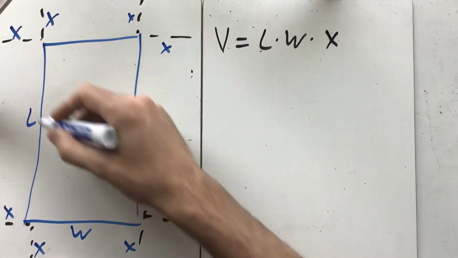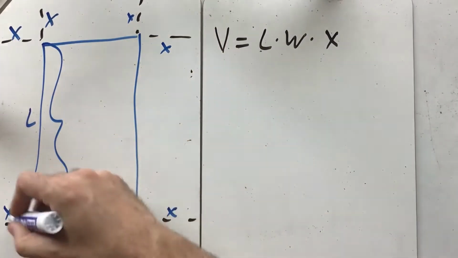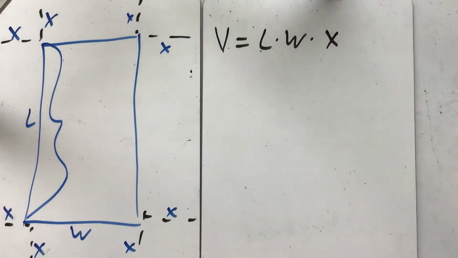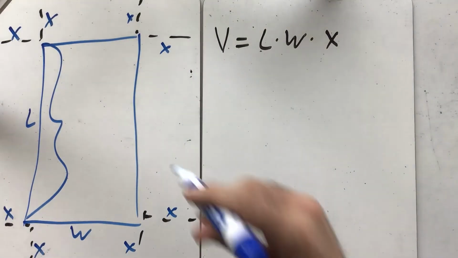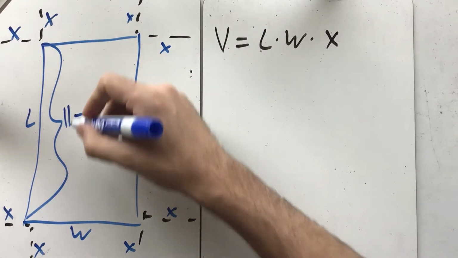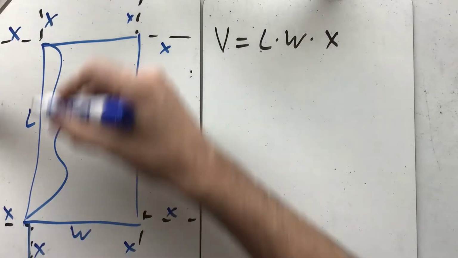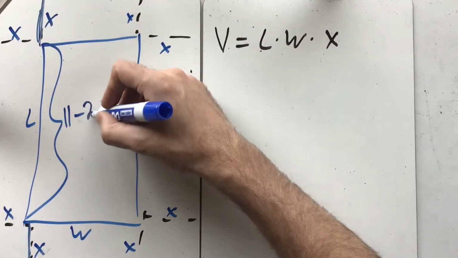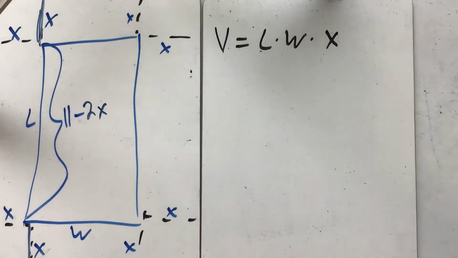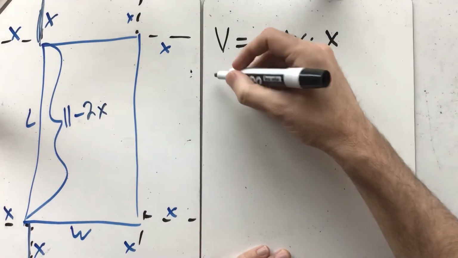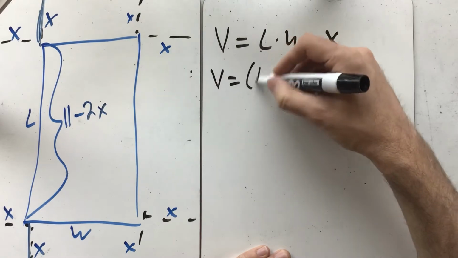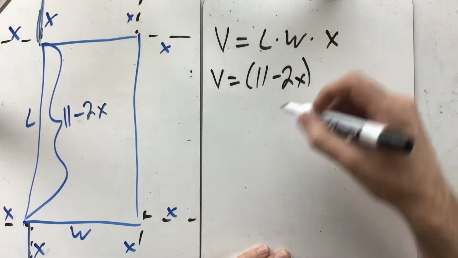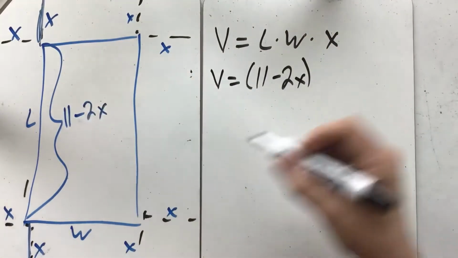Now I can do a few more things because I know the length of my entire paper was 11, so this is 11 minus, but I had to cut off an X and another X, so it's 11 minus 2X right here. So I know that my volume is 11 minus 2X, so I've now substituted to get rid of one variable.